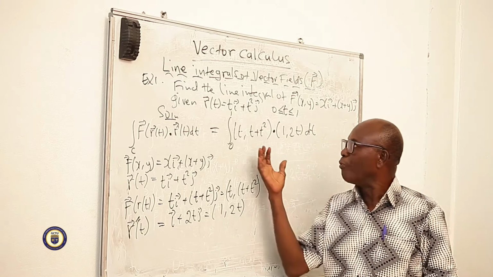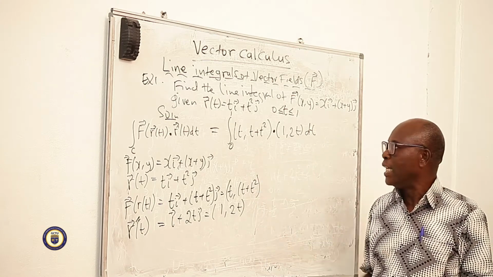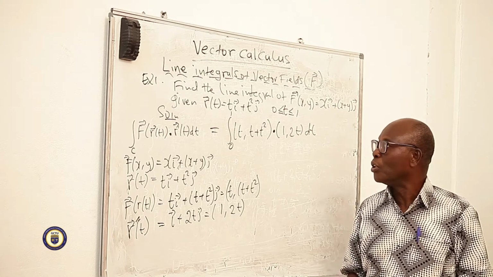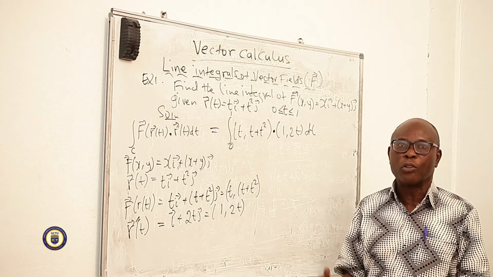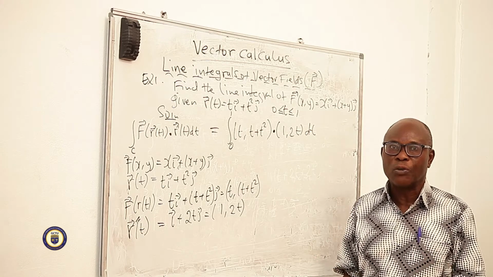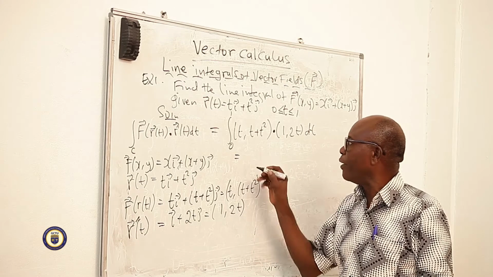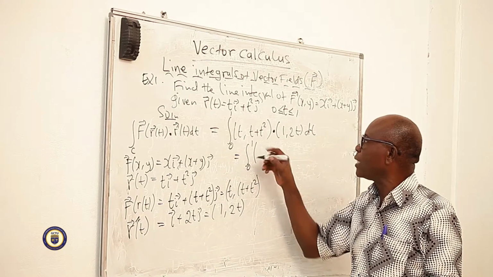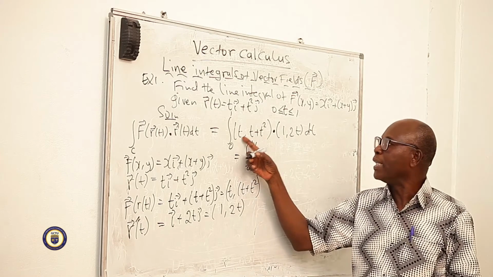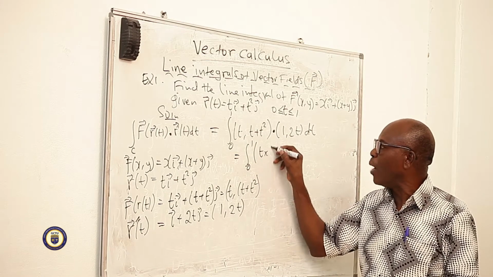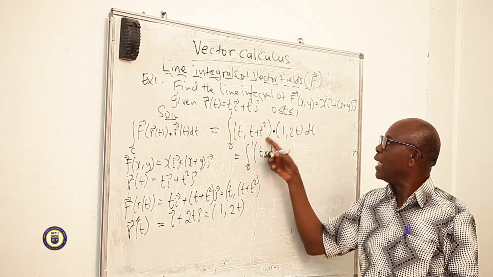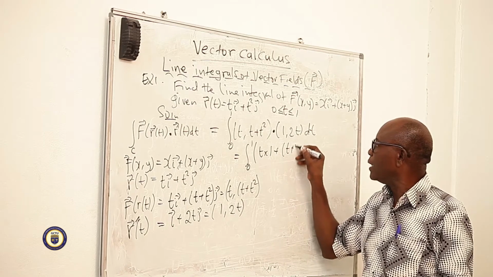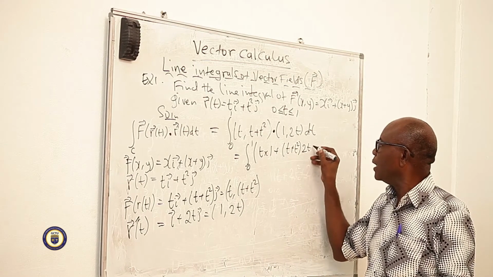So the next stage is to find the dot product of the integrand. We learned from the earlier videos how to calculate the dot product of two vectors, and we know the dot product of two vectors will give us a scalar quantity. So let's carry on. We have the integral from 0 to 1, and then we dot the i components: t times 1, plus this component times this, which is t plus t squared times 2t, right?